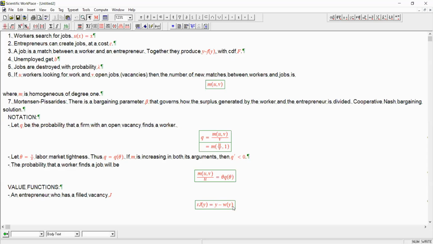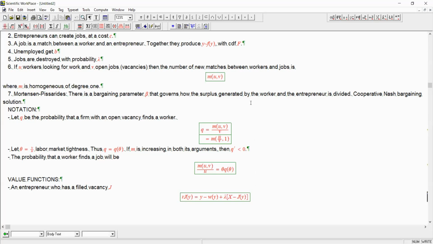So the additional thing that could happen is with probability lambda, they will lose J going forward because they're no longer having a job, and they will gain whatever happens to entrepreneurs when they don't have a worker. Let's just call that x for a second, where x is the value of being an entrepreneur without a worker.